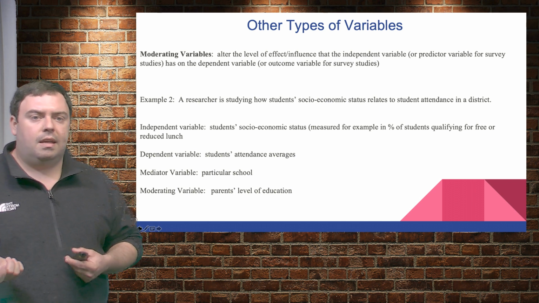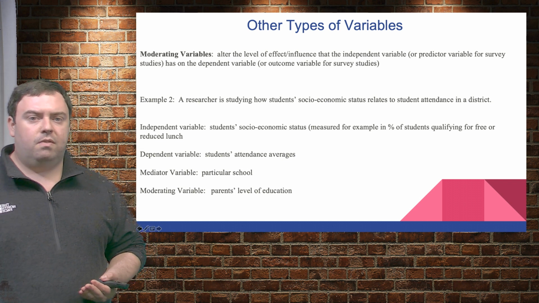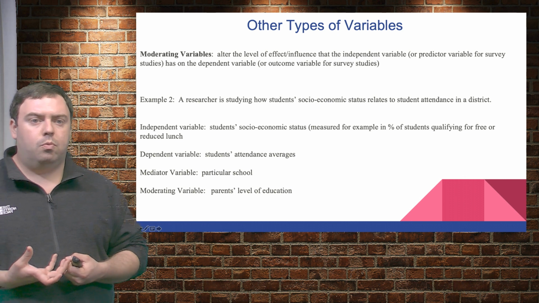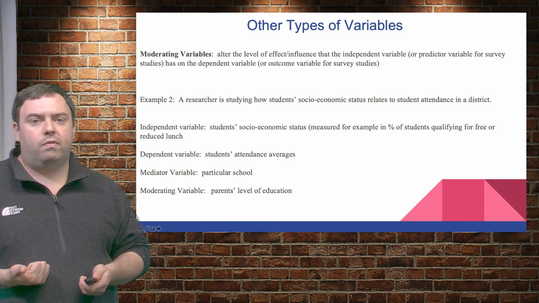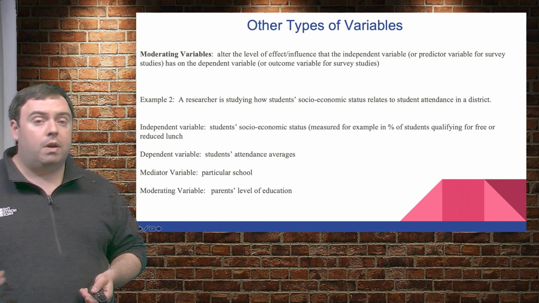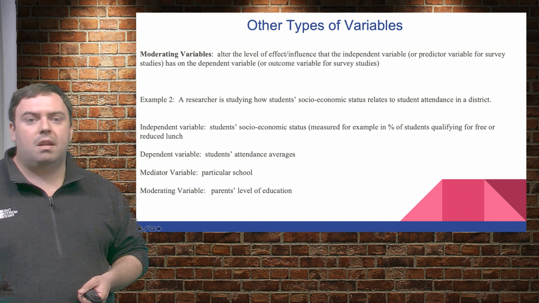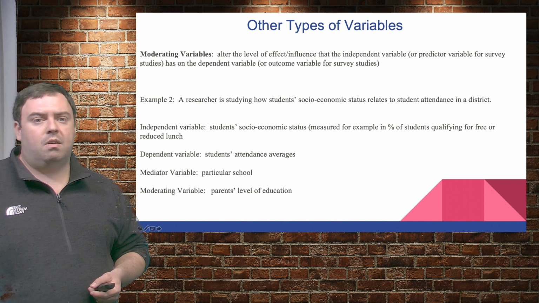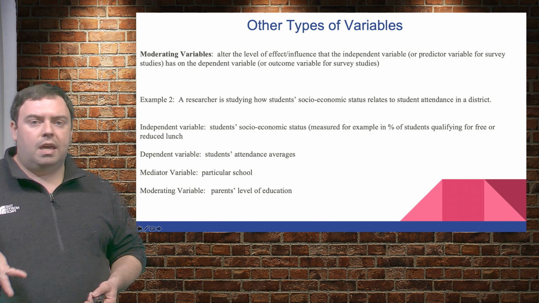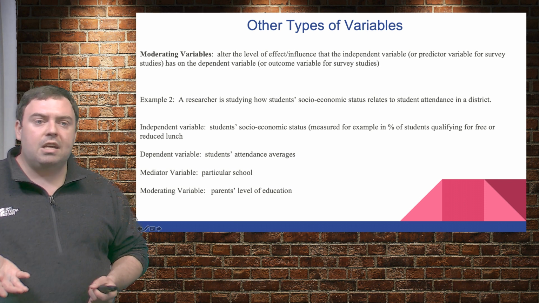And then the moderating variable, which is like an outside variable that's not the independent variable or the dependent variable, but does affect the strength of those variables, could be parents' level of education. So you might have a student that might be low income, but the parents are maybe in graduate school. Let's say they're in medical school, or maybe they're very highly educated, and for some reason the family's low income, but the parents could still be very adamant about education.